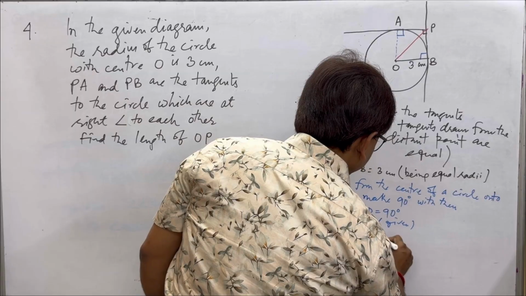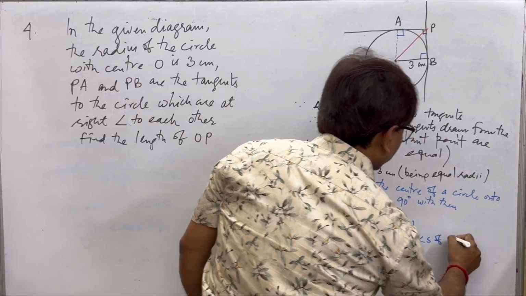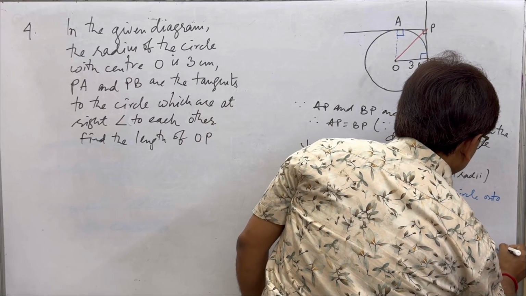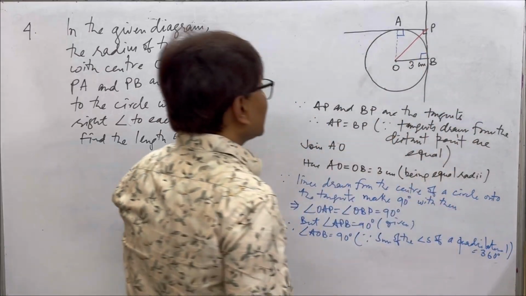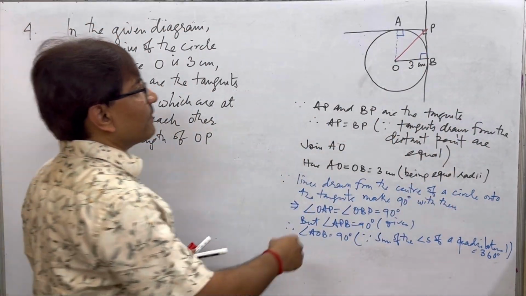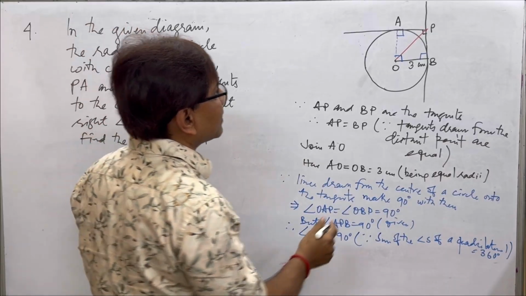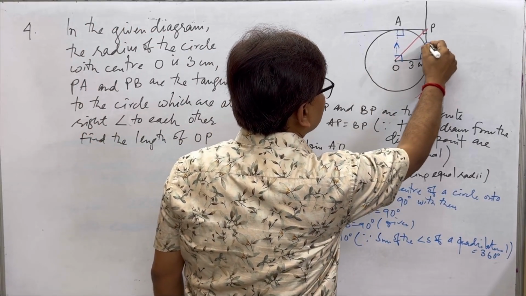Since the sum of the angles of a quadrilateral equals 360 degree, here we are finding this is 90 degree, this is 90 degree. As this is 90 degree and this is 90 degree, definitely we can say this is parallel to this.